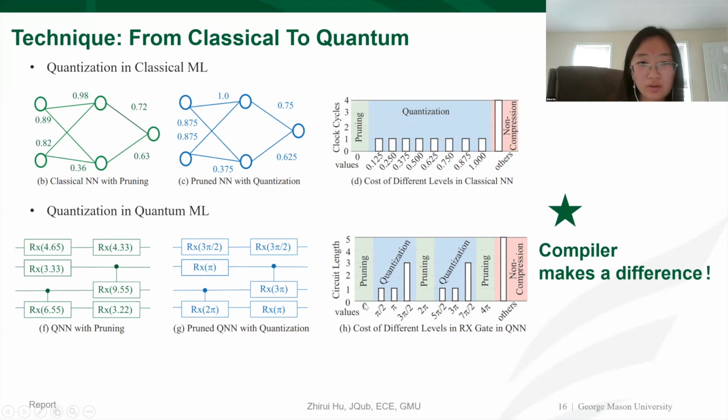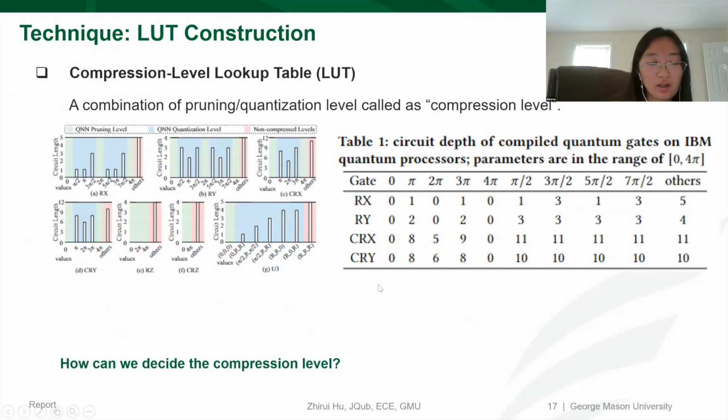So if the parameter is at such a value, we can remove the gate. We call it quantum pruning. And if the gate will be compiled to some length shorter than the original length, we call it quantization. And then we record the length change in a lookup table, which will be used in the following steps.